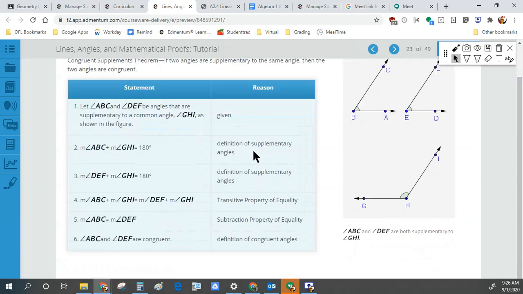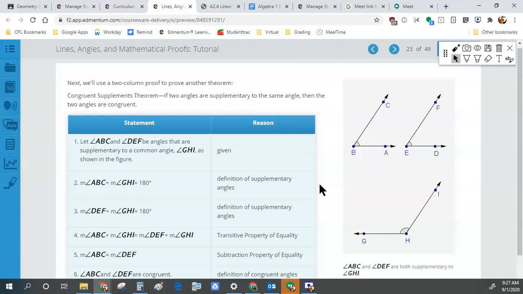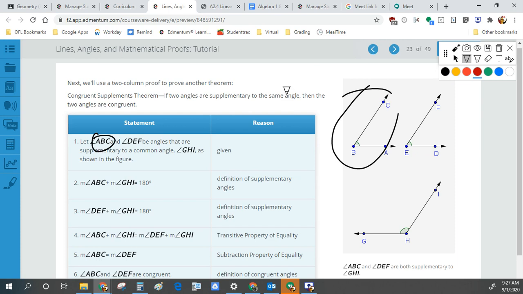So here what they're saying is we're given the fact that these angles are supplementary to the common angle. They're saying that these two angles, ABD, this is talking about this angle, and this is talking about this angle, and they're going to be supplementary to this angle.